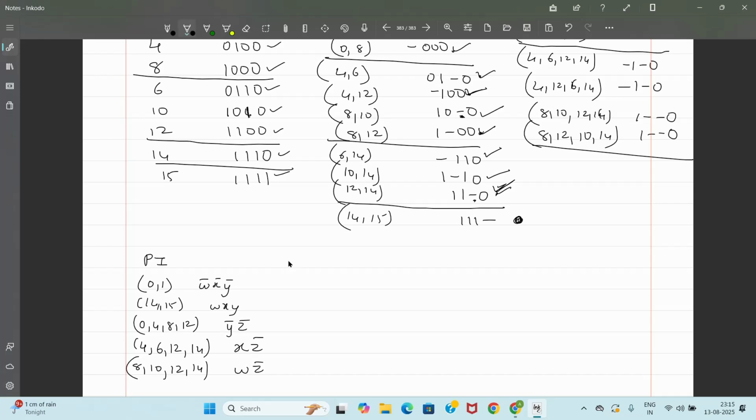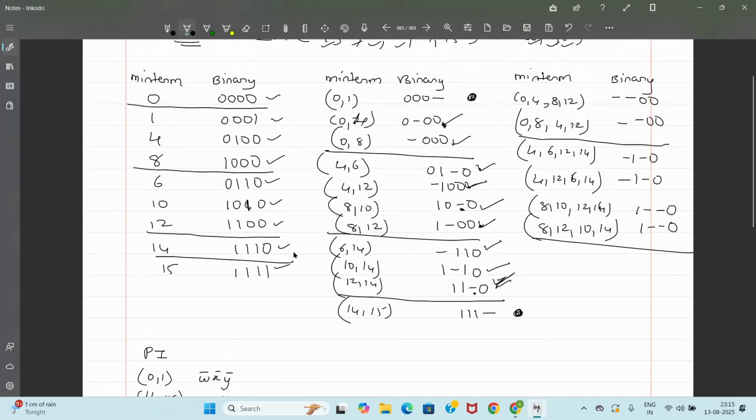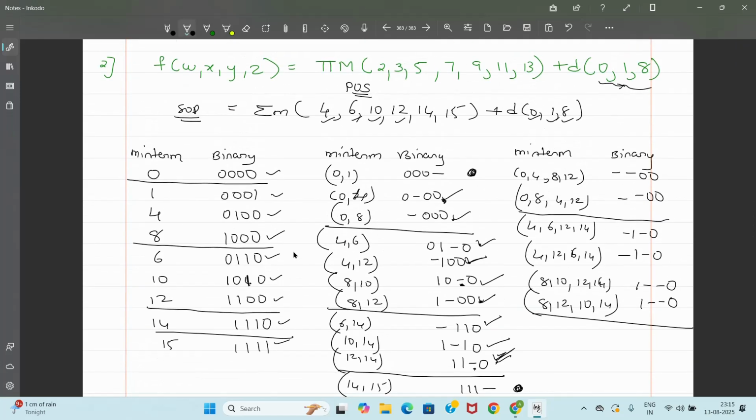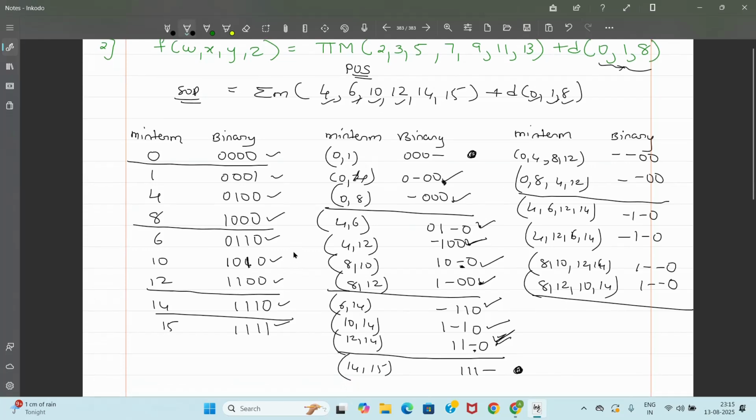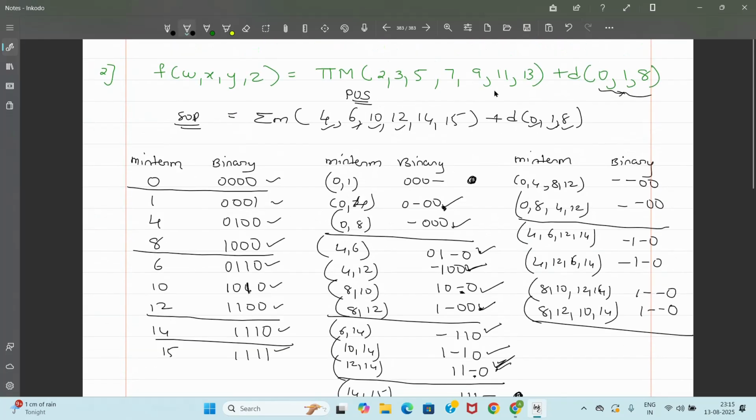Now you have to separately write the minterms and the don't care. When you come to the second table, you put the don't care on one side, minterms on the other side. When you're writing the minterms, please make sure you're not writing what is given in the question, because it was in POS. You're writing whatever SOP equation you have got.